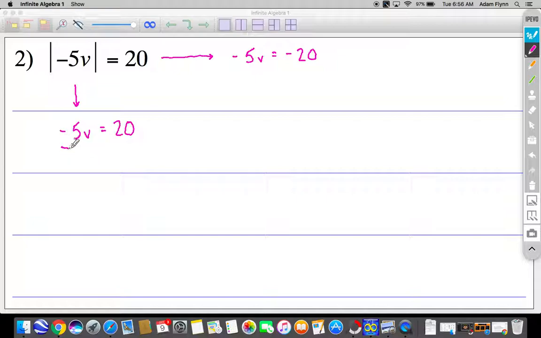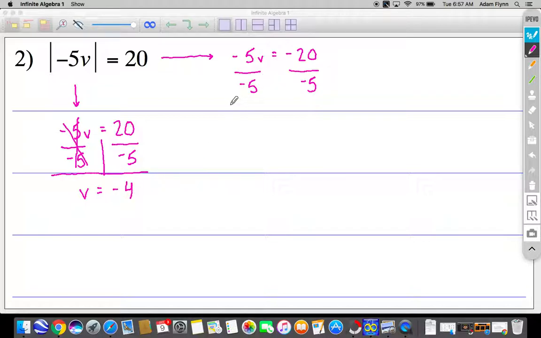So to get v by itself, I will divide both sides by -5 because the -5 and the v are being multiplied. Same over here. So when I do that, these -5s cancel out. So I end up getting v equals 20 divided by -5, which is just -4.